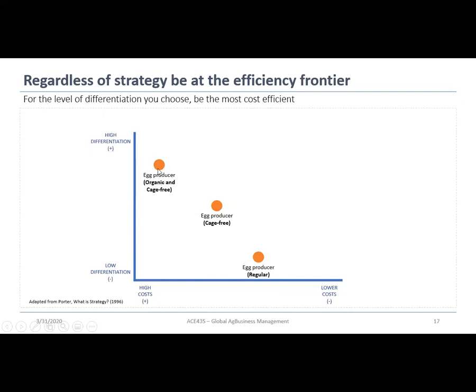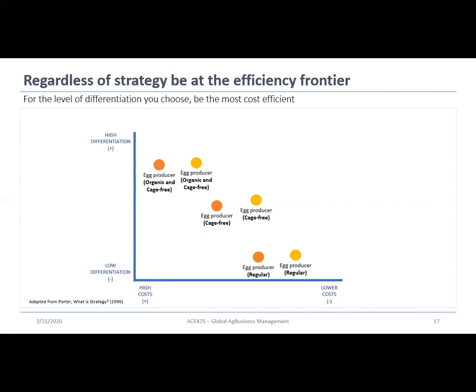So highly differentiated, but more likely to have also higher costs. Again, all those three can have competitors that are more efficient, and therefore they might not exist in the long run.